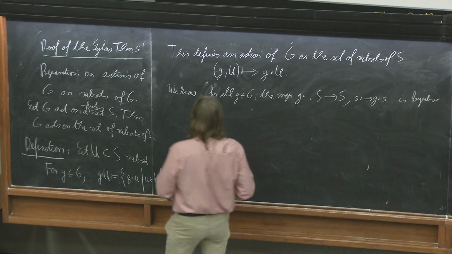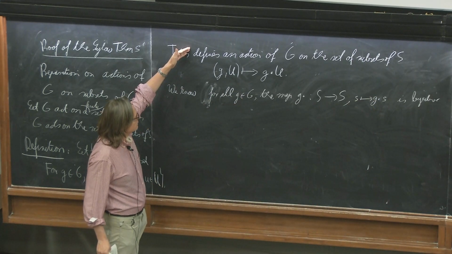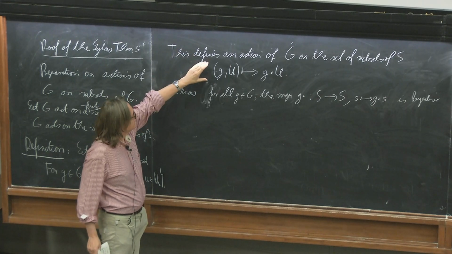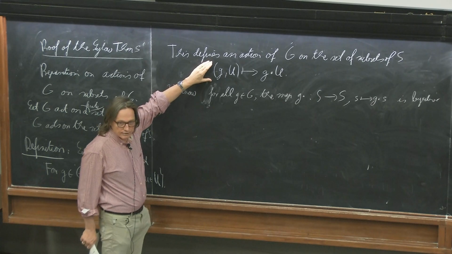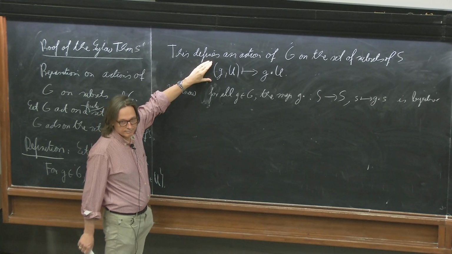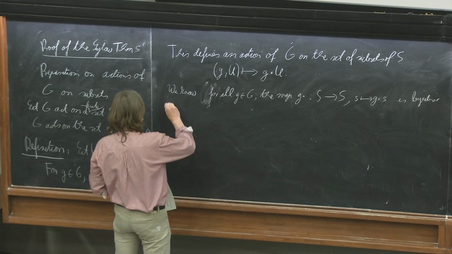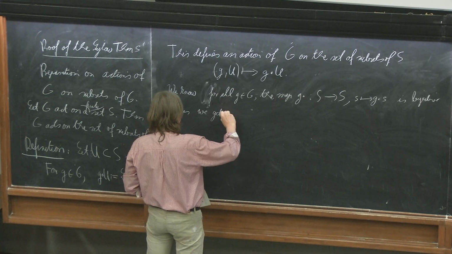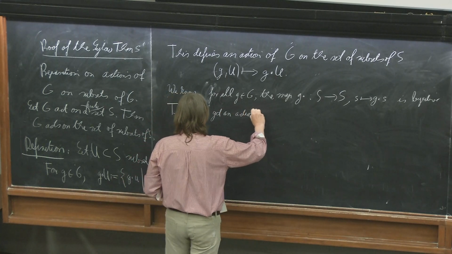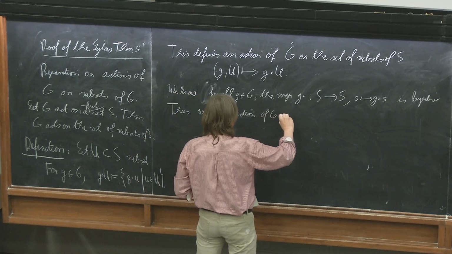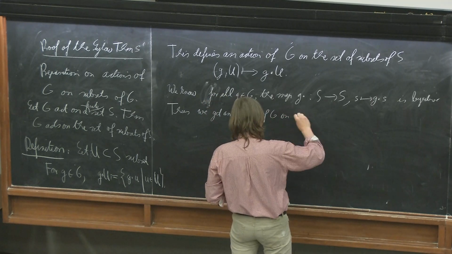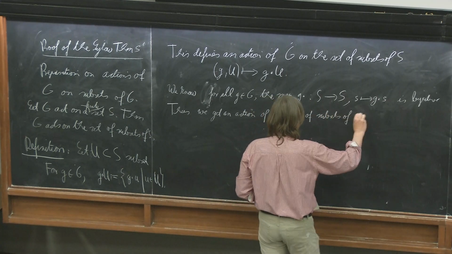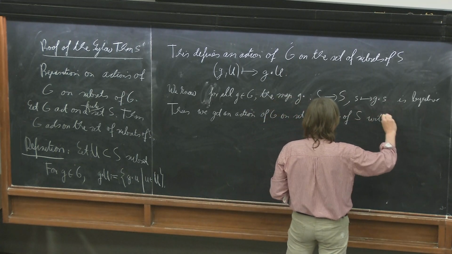Therefore, we can restrict the action to the set of subsets with a fixed number of elements. We could look at the action on all subsets of S with 5 elements, or whatever. Thus, we get an action of G on the set of subsets of S with a fixed number of elements.